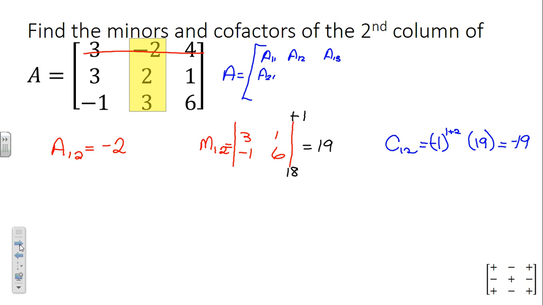All right, try it for a 2,2. A 2,2 has a value of 2, but I want you to find the minor for row 2, column 2. And then I want you to find the cofactor for row 2, column 2.